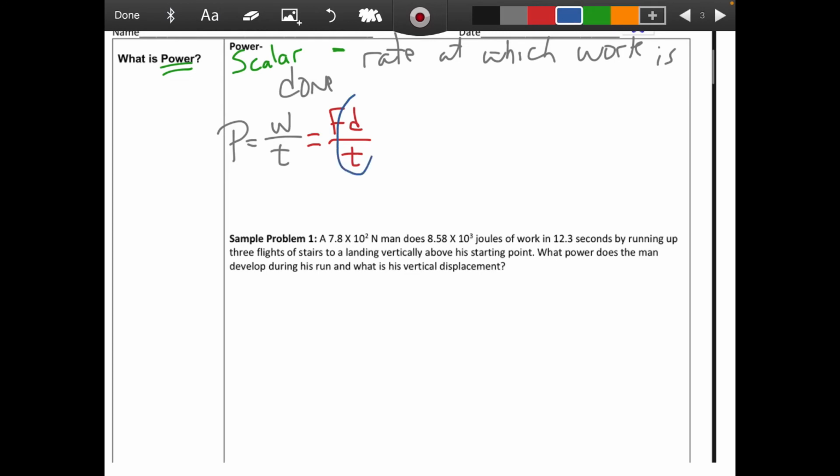And this distance over time, well, we know distance over time is equal to velocity. So it's also equal to force times velocity. So depending on what the problem gives you is what you are going to use to solve it. So a knowns and unknowns chart, as always, will be very helpful.